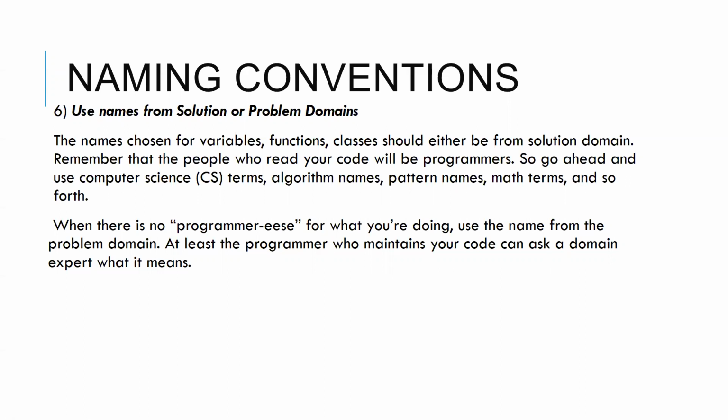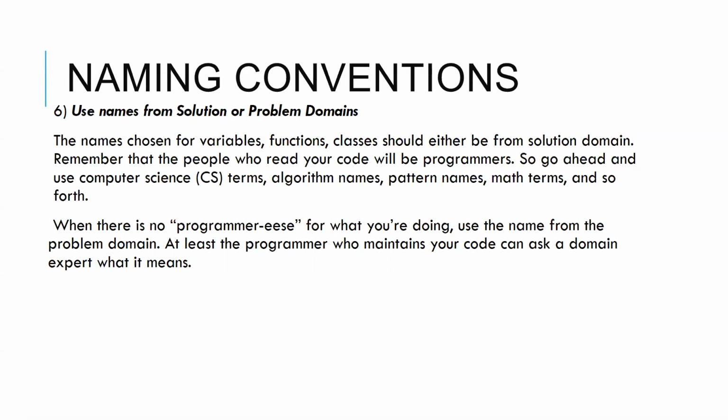The solution domain is computer science, and whatever the name setter chooses, that is the CS terms or computer science algorithm names or computer science pattern names, these are familiar to all programmers, and just by looking at the name they would be able to understand what this particular function or variable or class is doing.